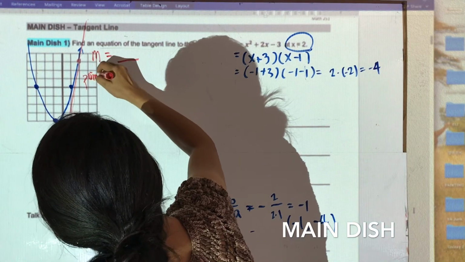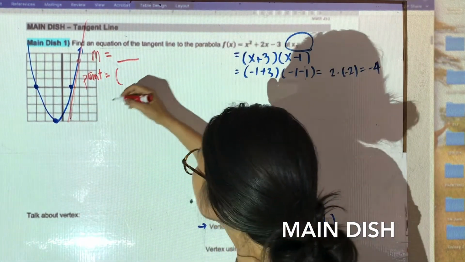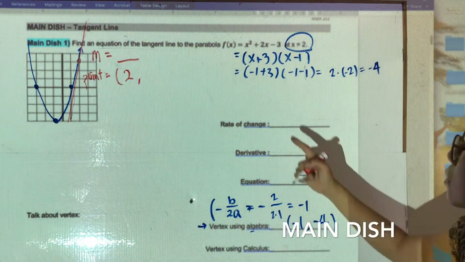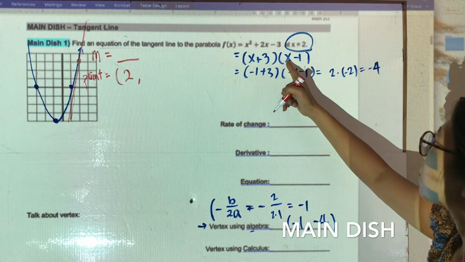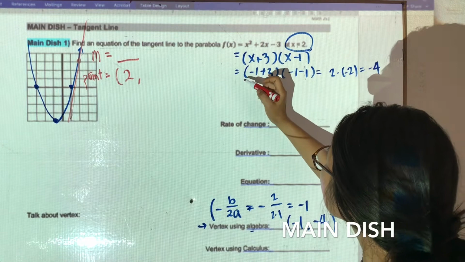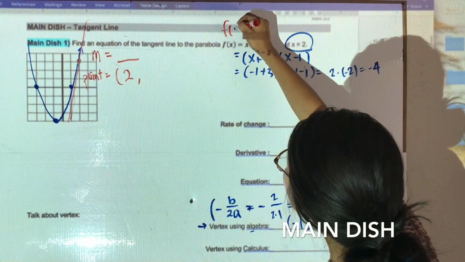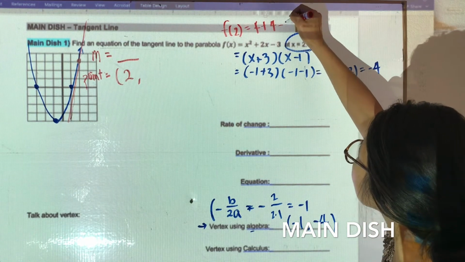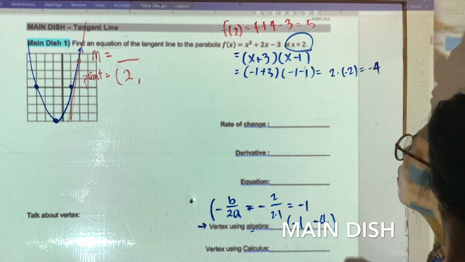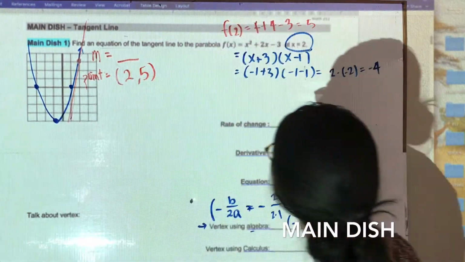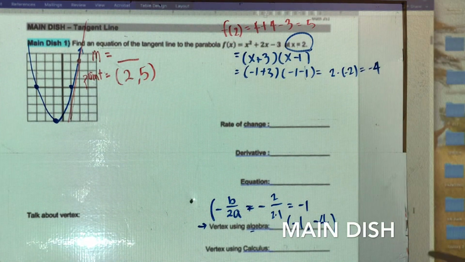If I plug in 2 here, f of 2, what does it give me? 4 plus 4 minus 3. Oh, that gives me 5. So it will pass through (2, 5). Let me double check. Yep. So it's going to pass through (2, 5). My graph may be totally wrong, of course.